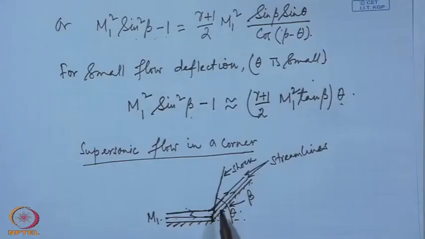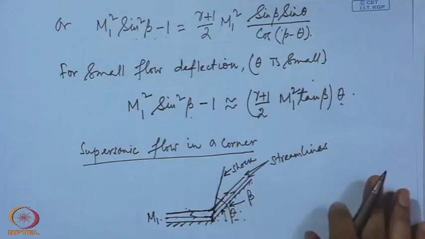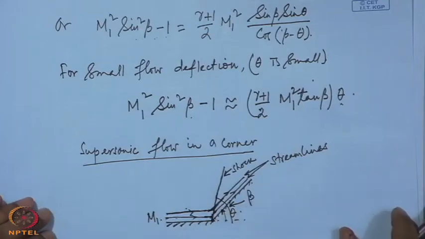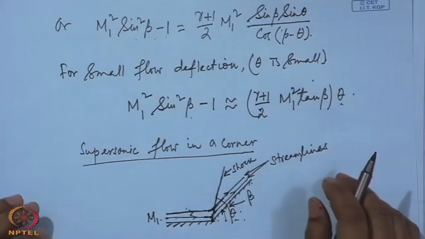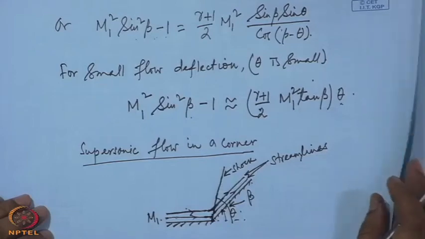And a question of course comes, that out of the two solutions, which solution should be taken. That is also simple. If theta is less than theta max, we should take the lower value of beta, that is the weak shock solution, and to be precise, nature usually prefers the weak shock solution.